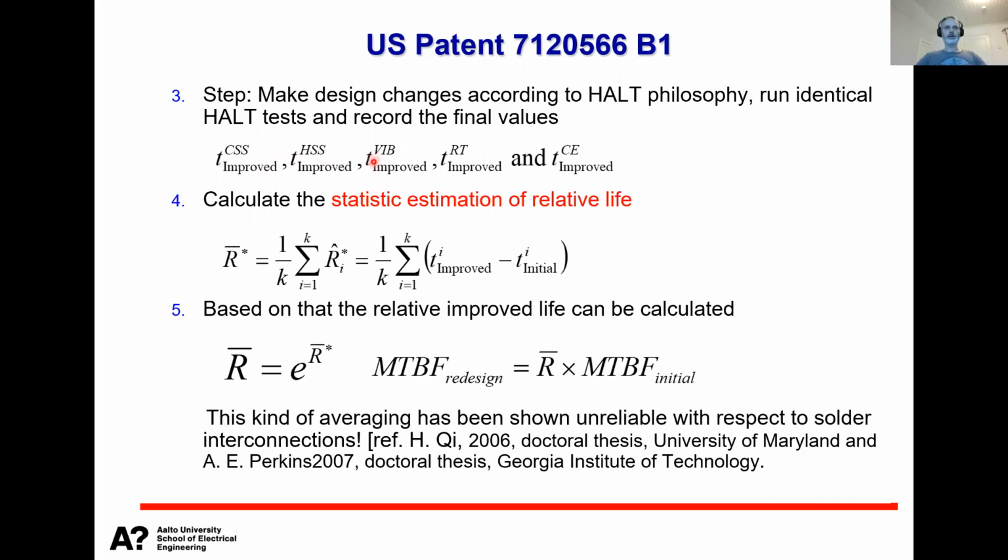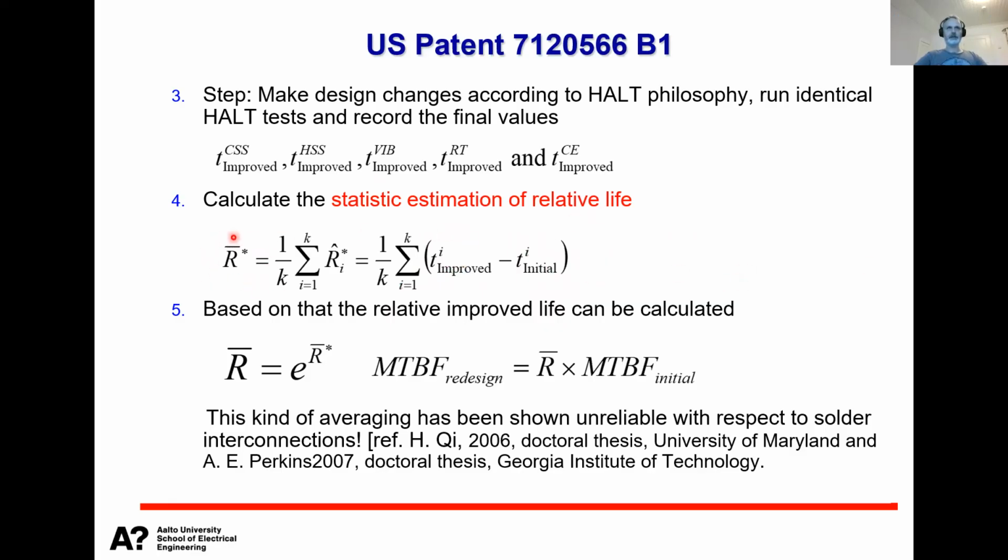So now the point is that you have the initial values and then you have the final values, and now you make a statistical estimation of how much you have improved the relative life in each test. Basically this is just an average of each of the 5 tests. So improved minus initial, and then you sum up all those 5 and divide by 5.